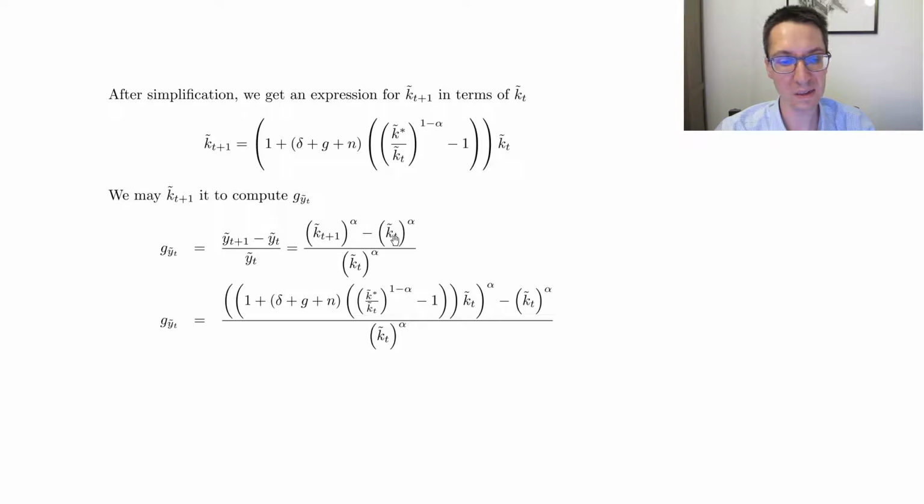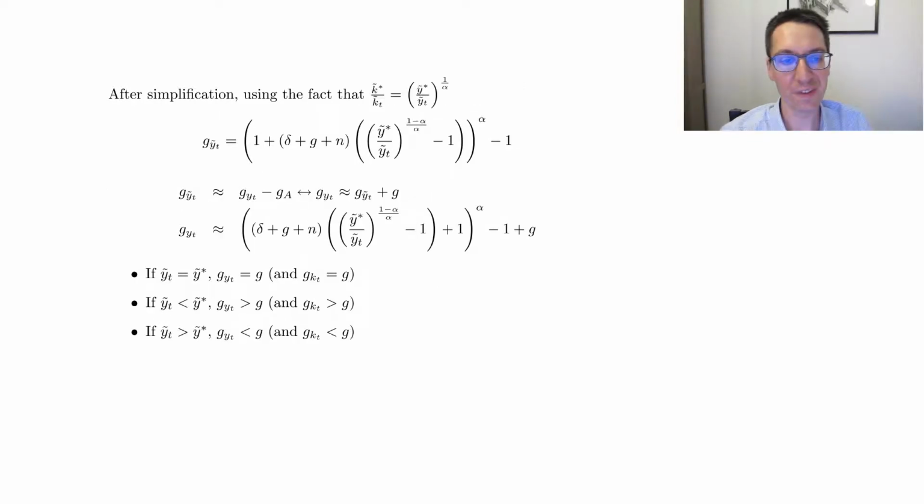This is k tilde t to the alpha, and the same at the denominator. And then this thing is expressed in terms of k tilde t. So I'm going to be able basically to substitute this here and then cancel the k tilde t to the alpha everywhere and get a much simpler expression for g of y tilde t.